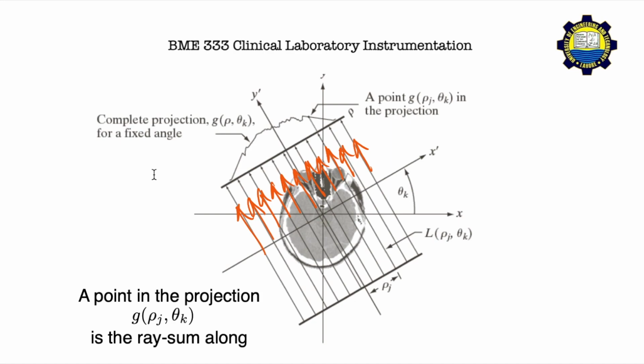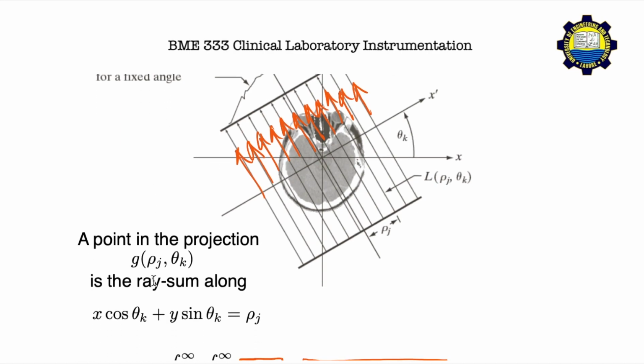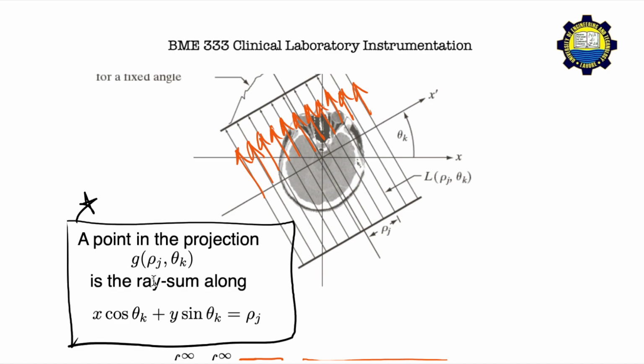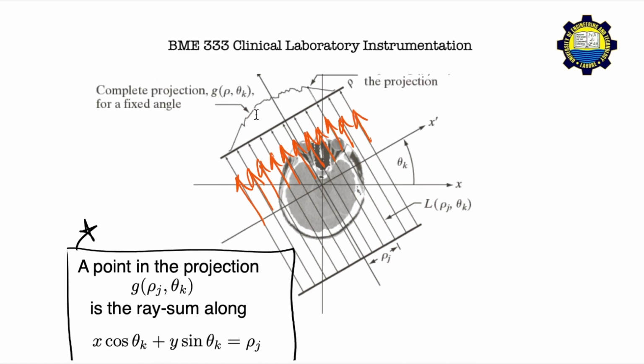And if we just focus on this key description here, a point in the projection, any point here, is the ray sum along this, which is the equation of the line.